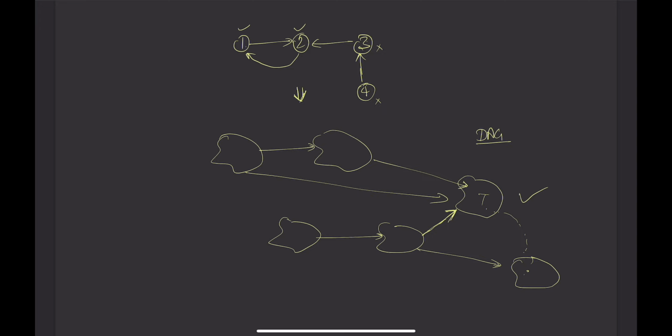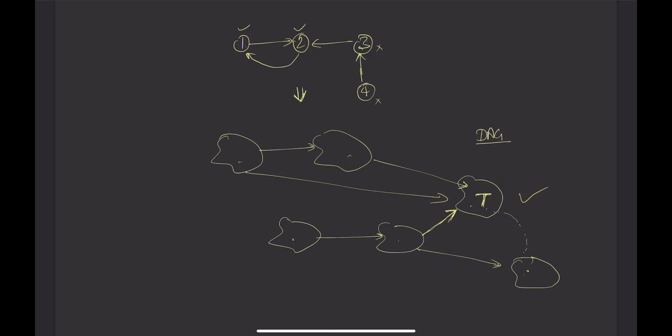If only one sink node is there, can it be reached from any other node? From this node, yes I can reach this. From this I can reach this. But if it has two sink nodes, T1 and T2, then obviously it cannot be reached, so the answer will be 0 in that case.